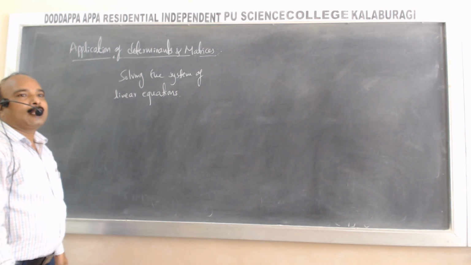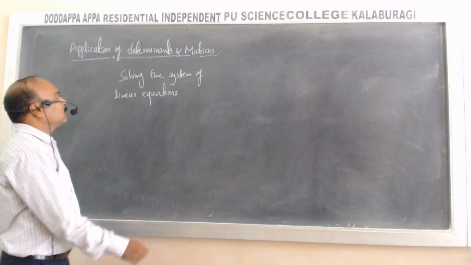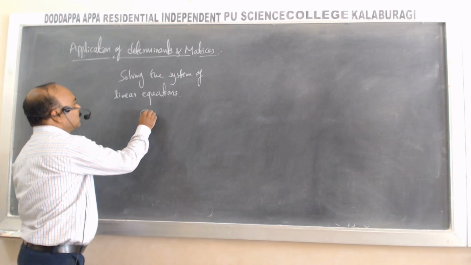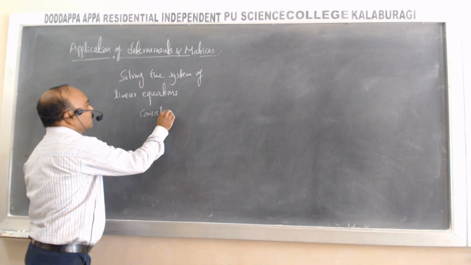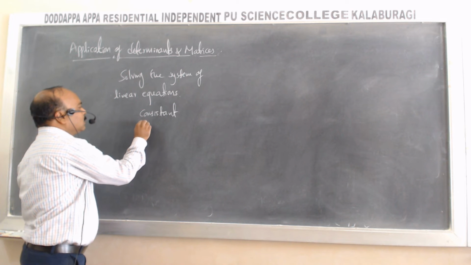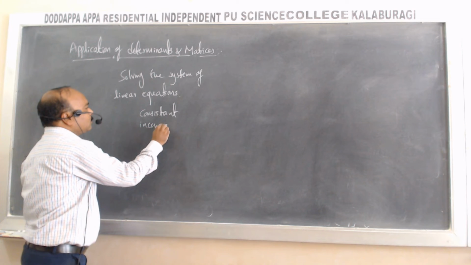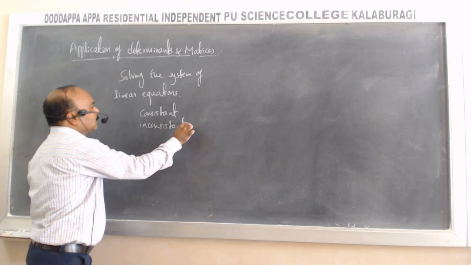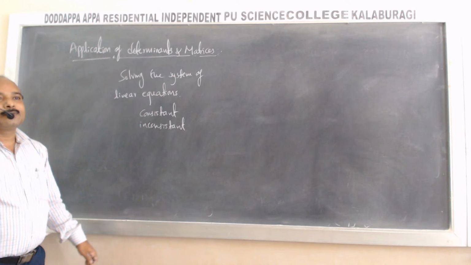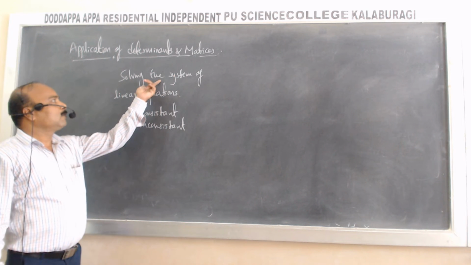Here we get two type of linear system of equations, that is consistent and another one is inconsistent. So in consistent type we check the linear system of equations.